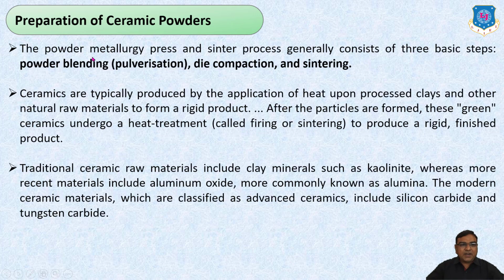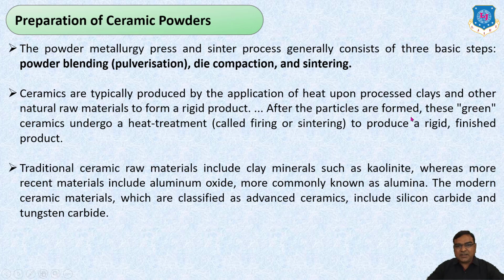The powder metallurgy press and sinter process generally consists of three basic steps: powder blending or pulverization, die compaction, and sintering. Ceramics are typically produced by the application of heat upon processed clays and other natural raw materials to form a rigid product.